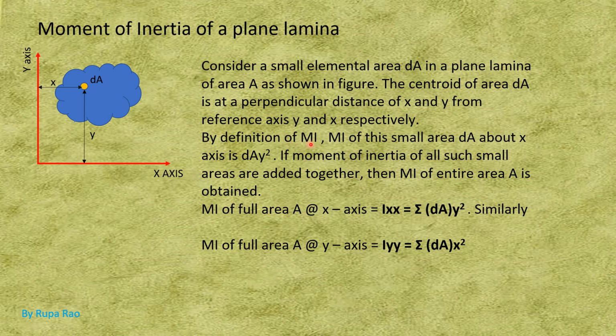By definition, the MI of this small area dA about the x-axis is dA into y square. Now if I want the MI of this small elemental area dA about the axis xx, then this area dA will be multiplied by y two times.